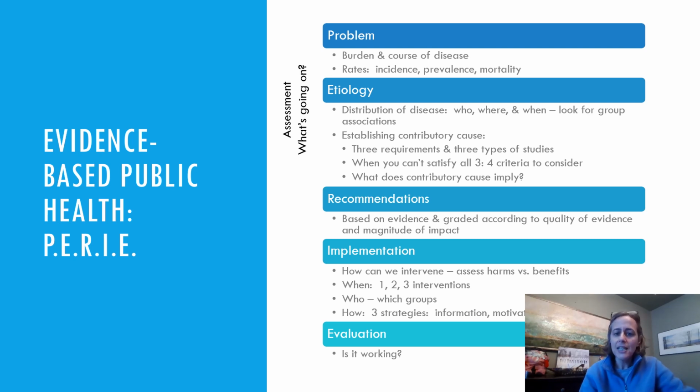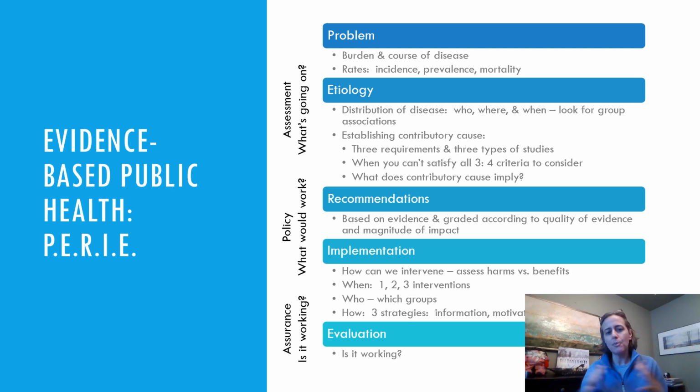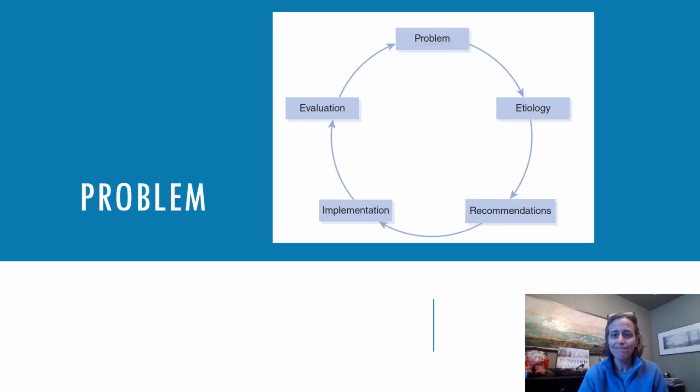Coming up with recommendations and figuring out how to implement them, well, that's the policy or what would work step. And then part of implementation and evaluation is just like the assurance or is it working step. So this is just breaking that down even further into more individual steps. So let's take them on one by one.